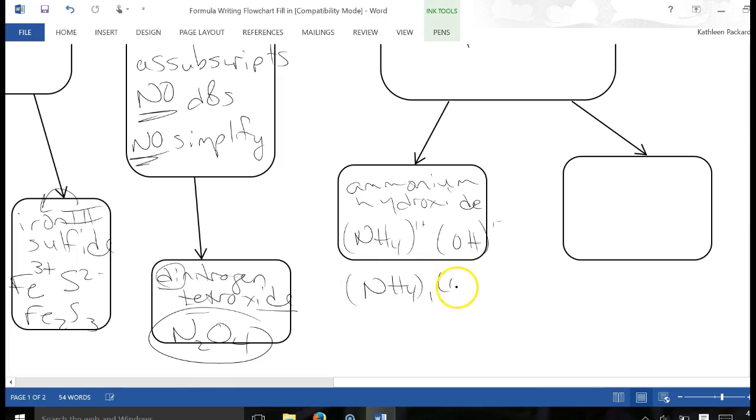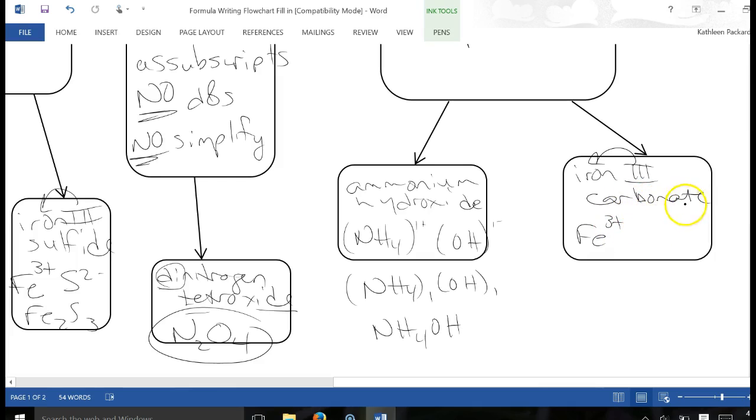And since the charges are 1, you could drop the parentheses or you could leave them in there. Either way is perfectly acceptable. Then if I had one with a Roman numeral, iron 3 carbonate, that 3 again refers to the iron.